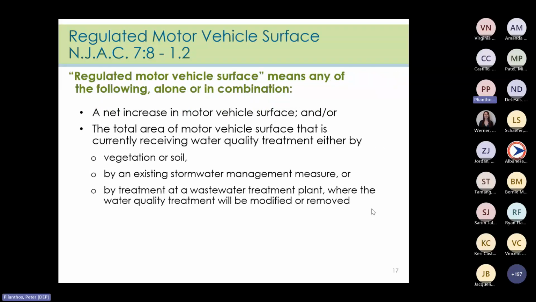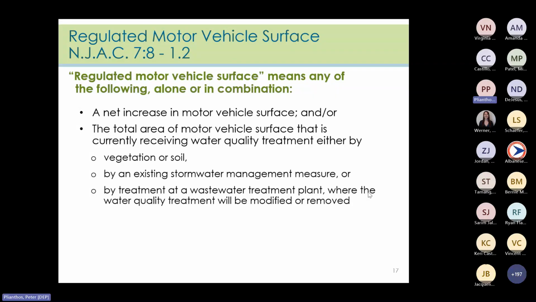Building on the definitions from the previous two slides, a regulated motor vehicle surface means any of the following, alone or in combination. 1, a net increase in motor vehicle surface, and or 2, the total area of motor vehicle surface that is currently receiving water quality treatment, either by vegetation or soil, by an existing stormwater management measure, or by treatment at a wastewater treatment plant, where the water quality treatment will be modified or removed.